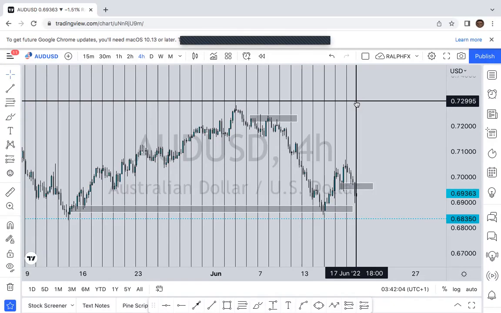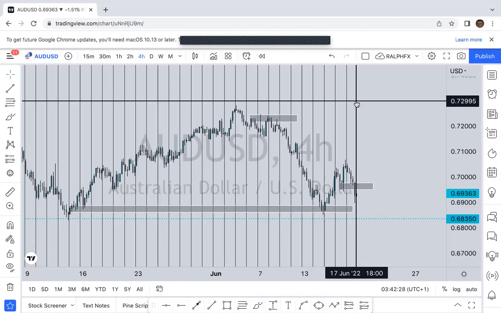So today we're going to be looking at AUD/USD, which is the Australian dollar against the US dollar. Now for this pair, you're going to be seeing moves more in the London and more in the New York session. The London session is not as powerful as the New York session. If we're looking at a pair like GBP/USD, which is the pound against the USD, it's going to be more active during the London session as well as the New York session.